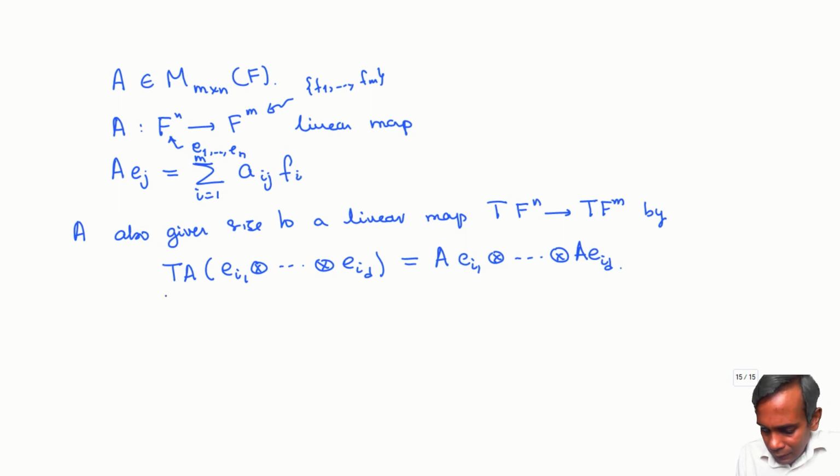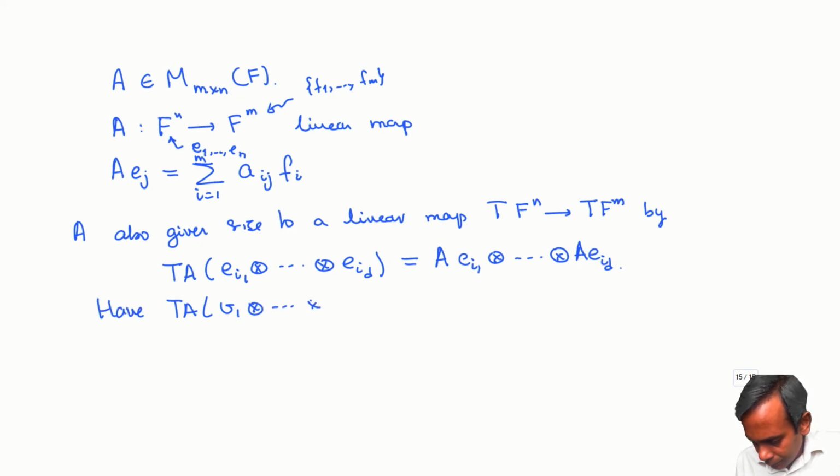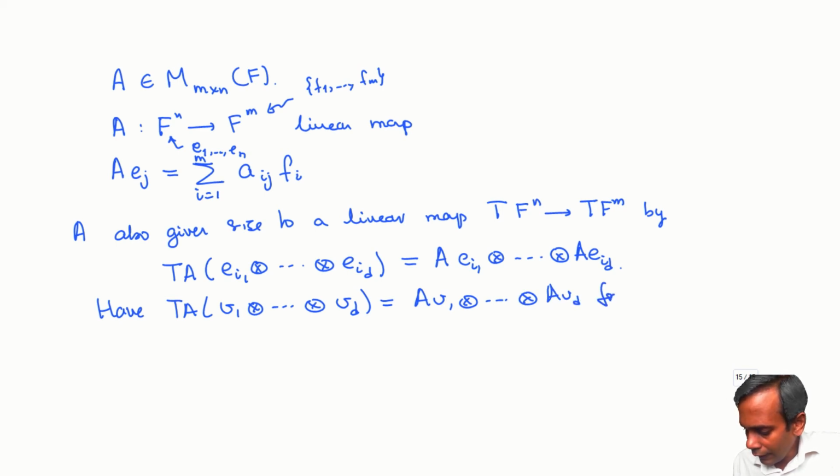This linear map has the property that T^d A of v_1 tensor up to v_d is A v_1 tensor up to A v_d, for any v_1 up to v_d in F^n.